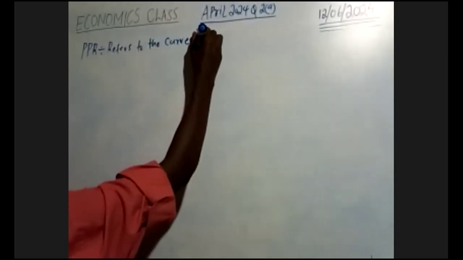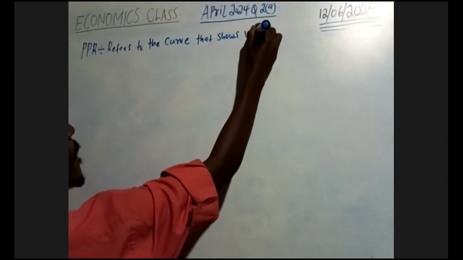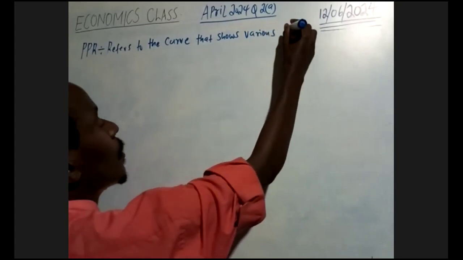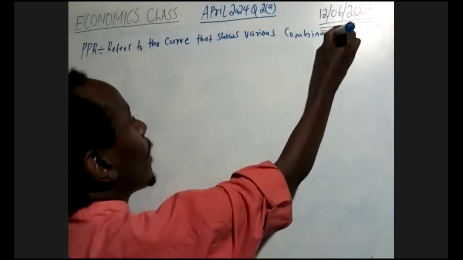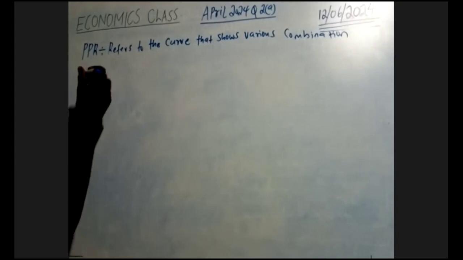This is what you shall say, this is the solution: it refers to the curve that shows various combinations of two goods.